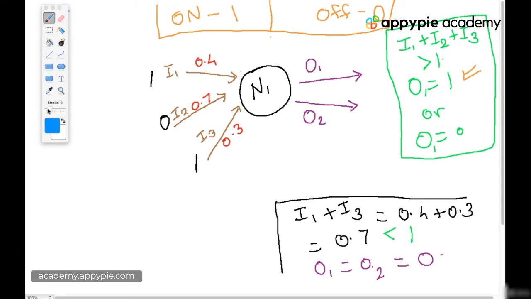Now you basically have a numerical value assigned to each and every neuron. In our case, let's say we have a bias of 0.5, and this bias basically just adds in to all of the input values.